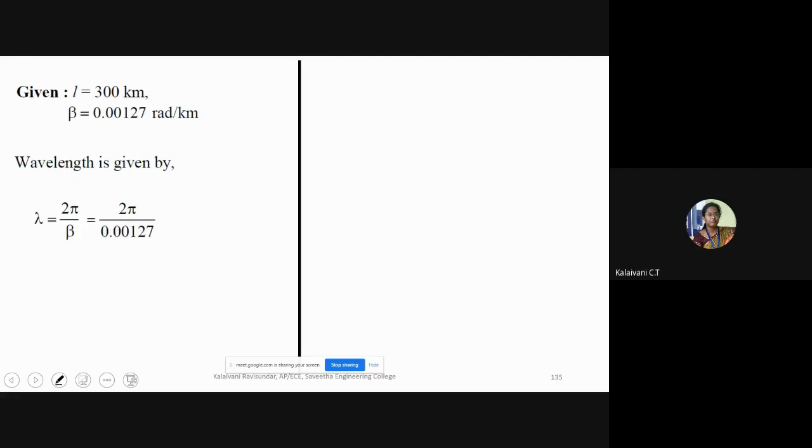If you substitute the beta value, you will get 4947.39. Now we have to find L by lambda. 300 divided by 4947, it is approximately 0.06. So answer is 6 percent.